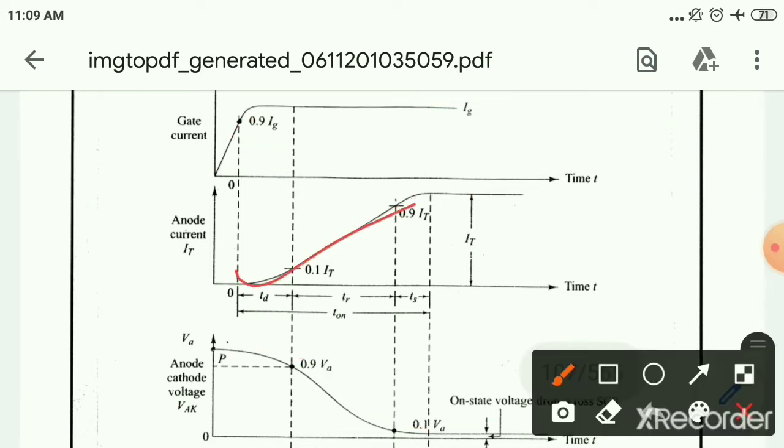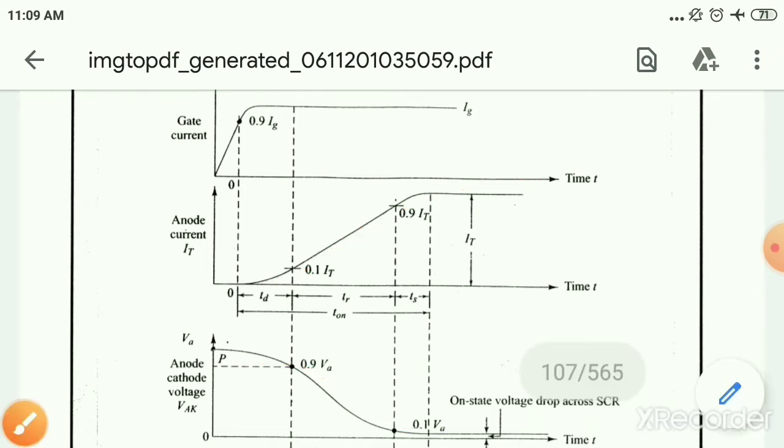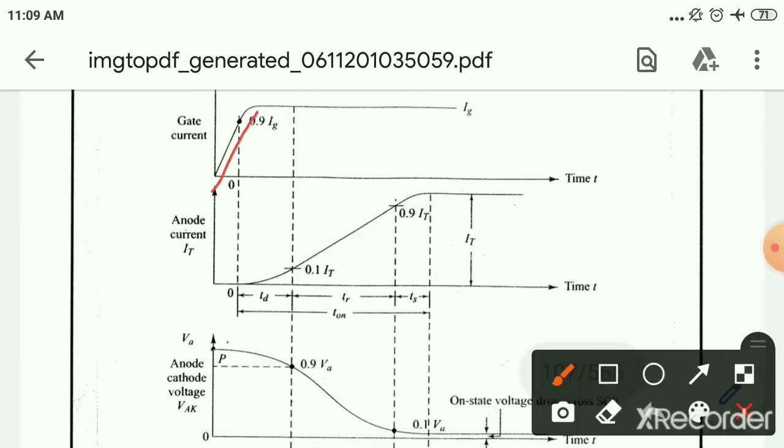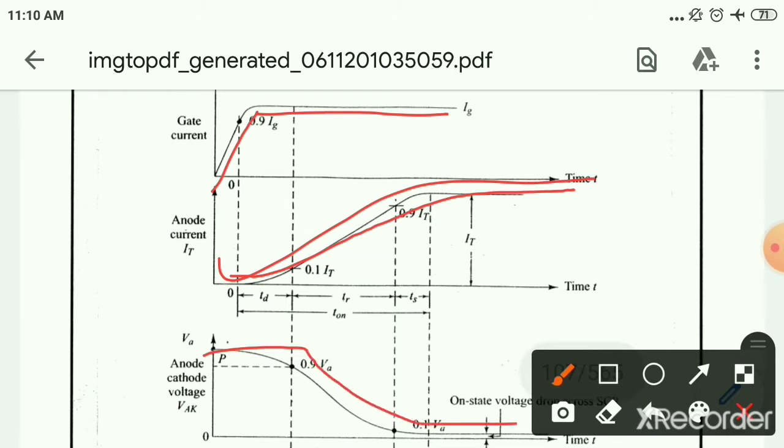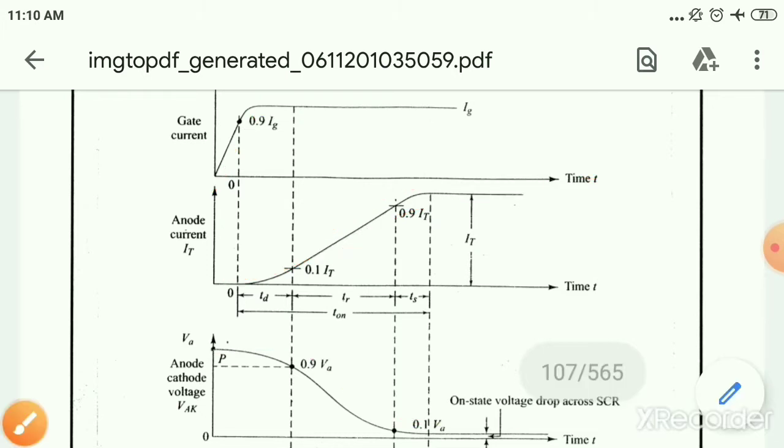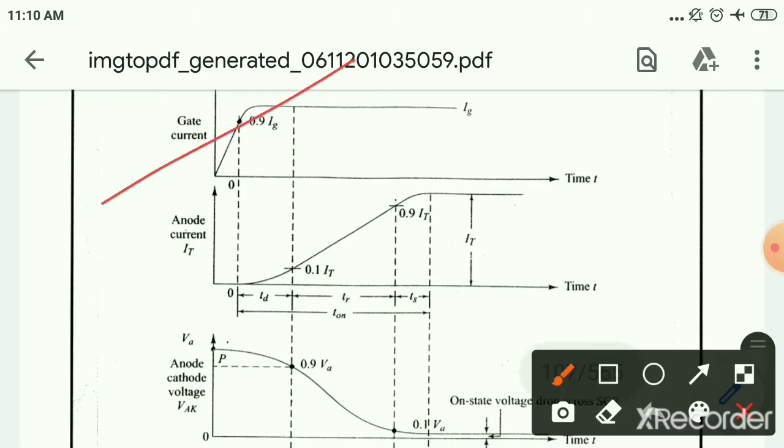If current is flowing, it means the switch is on, and since the switch is closed, the voltage will reduce. Once the anode current starts flowing, the anode to cathode voltage goes on reducing. So in the waveforms, when the gate current is applied, current rises and voltage falls.